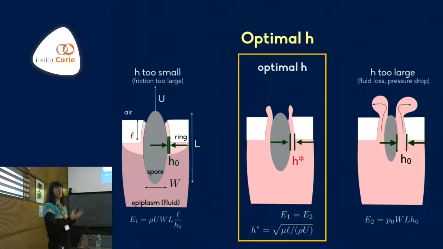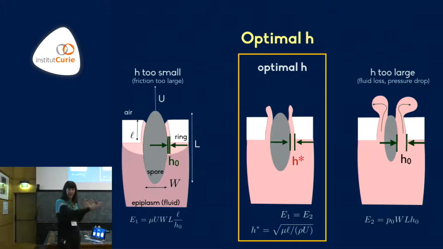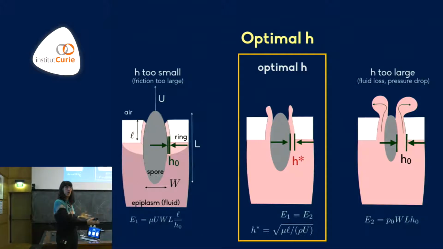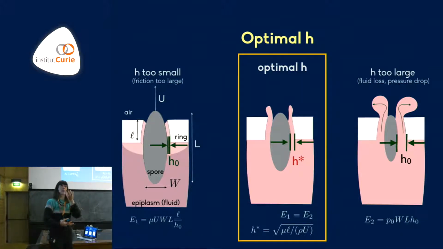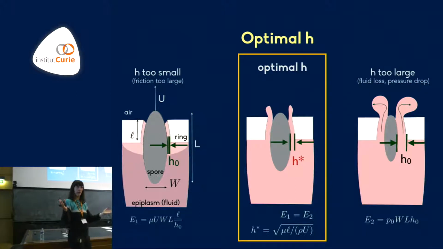Although I'm saying that dissipation is really something we should care about, the absolute value of the final velocity that you get at the optimum is not very different from the ideal case. So to leading order, you can ignore dissipation to get the order of magnitude for U and plug that in here.